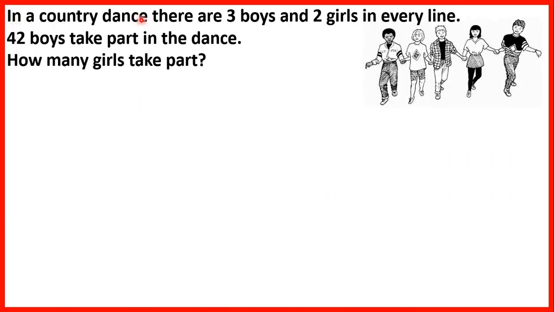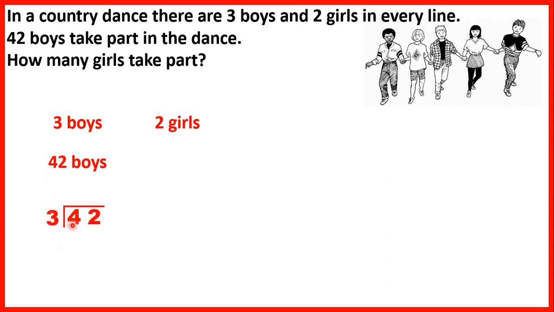In a country dance, there are 3 boys and 2 girls in every line. 42 boys take part in the dance. How many girls take part? So in each line, there are 3 boys and 2 girls, but 42 boys take part altogether. So we need to think 3 times what is 42.